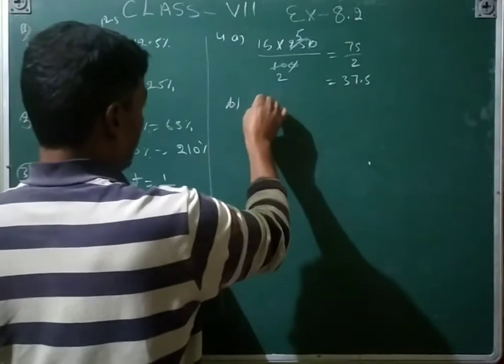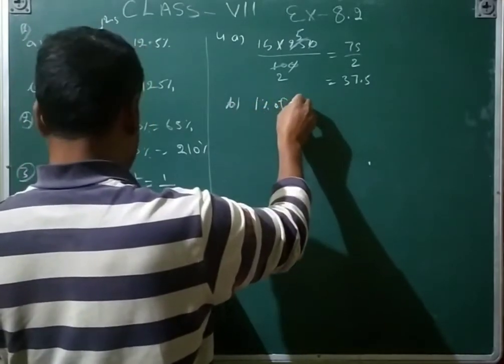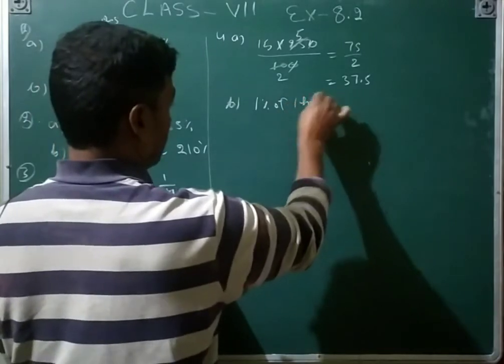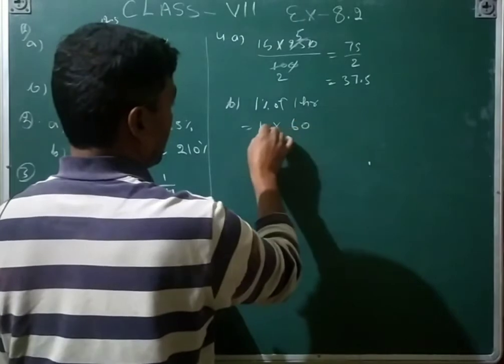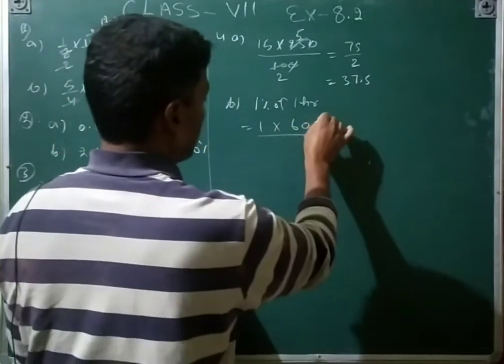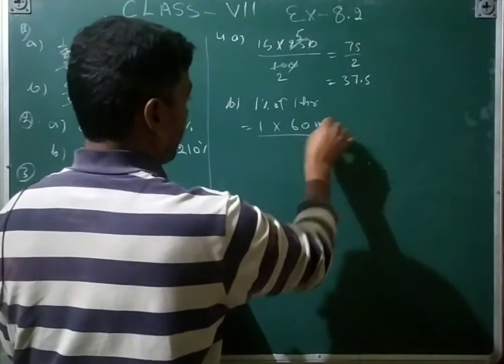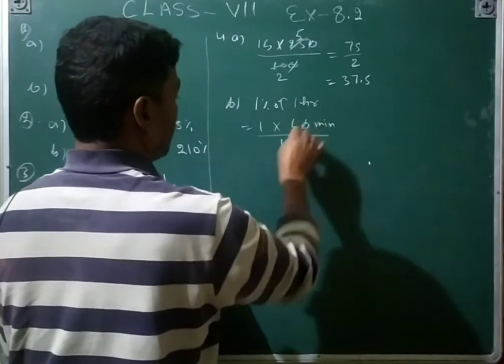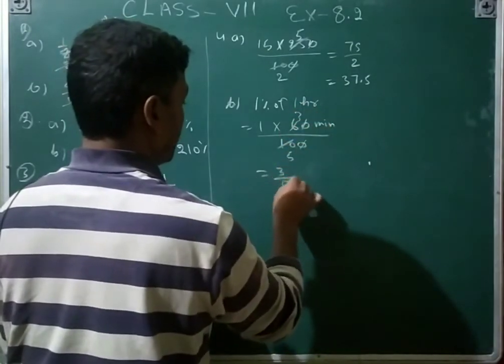B part: 1% of 1 hour. So 1 into 60 minutes we can write here, upon 100. That will be cancelled, 2 3s are 6 or 2 5s are 10, that will be 3 upon 5 minute.